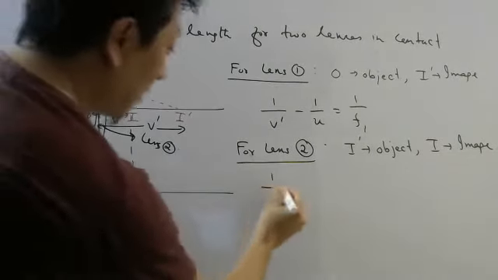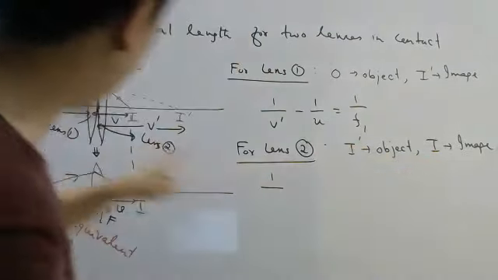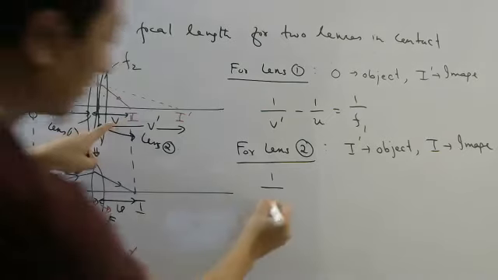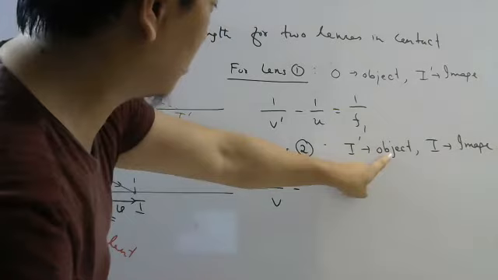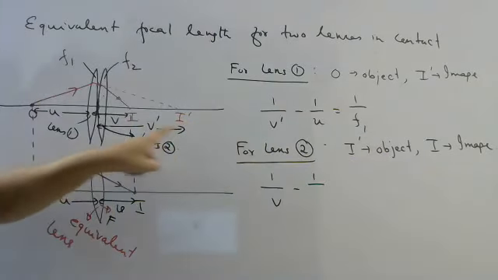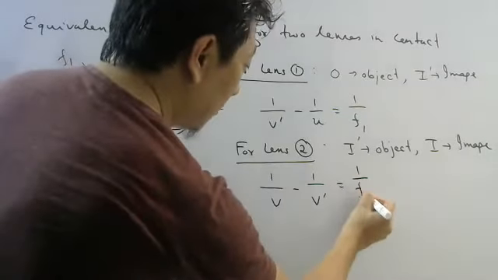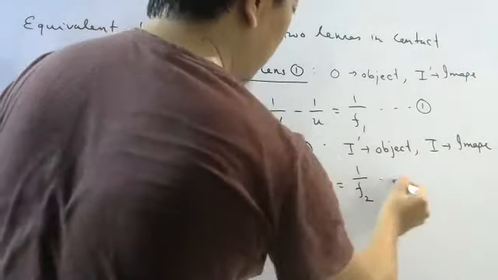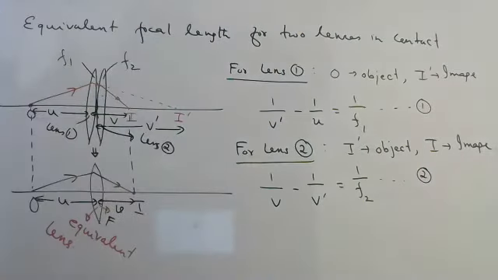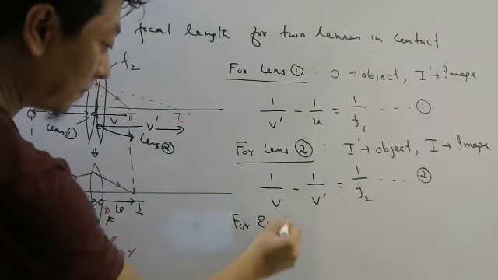So 1 by v, v is the I, because v is the image distance. So I is at v distance, minus 1 by u. u is the object distance. The object is I dash. I dash is at what distance? v dash. Equal to 1 by f2. Okay. So this is equation 1. This is equation 2.